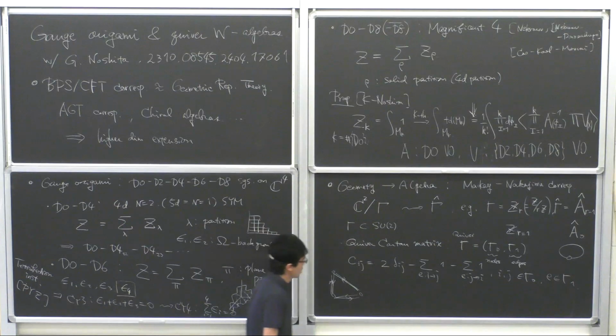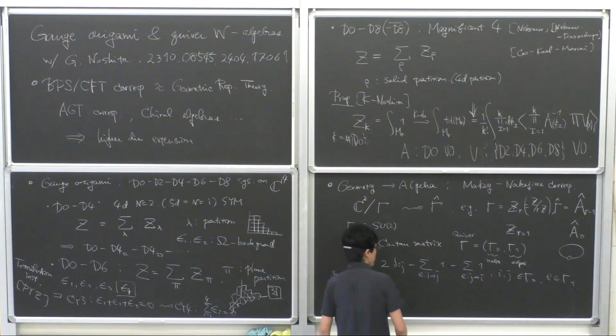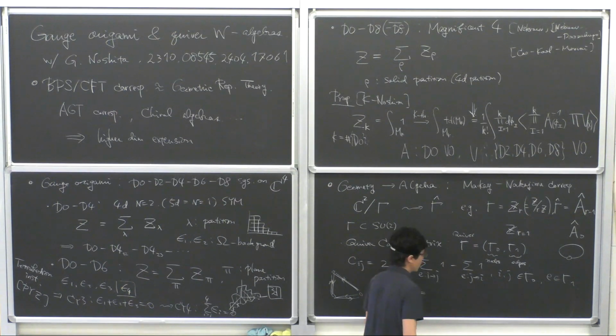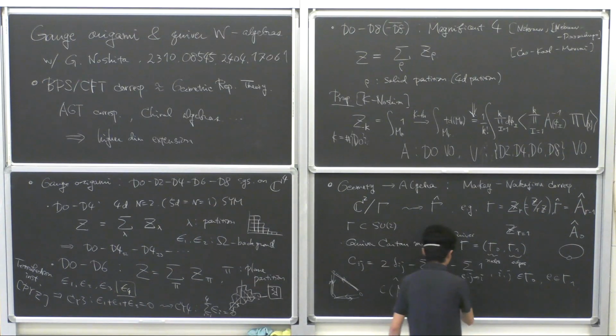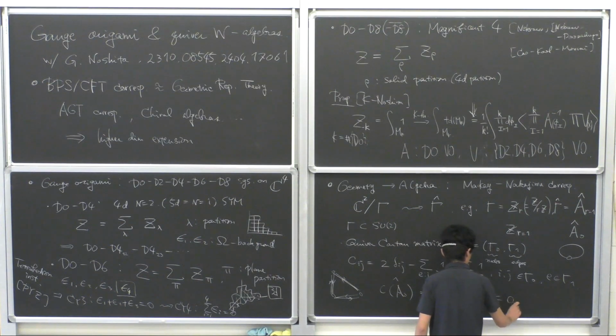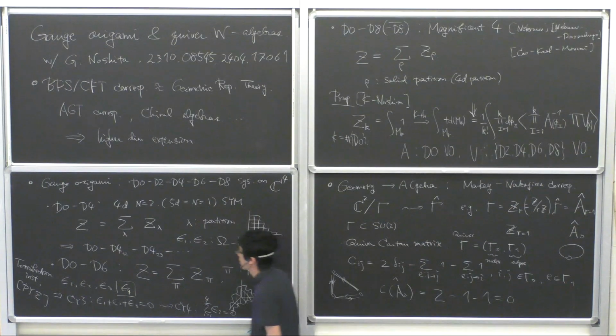So, with this definition, what is the Cartan matrix of this A0 hat? The A0 hat quiver has only one node. So we have 2 minus 1 minus 1, which is 0. This is actually a 1 by 1 matrix. Of course this looks really trivial.